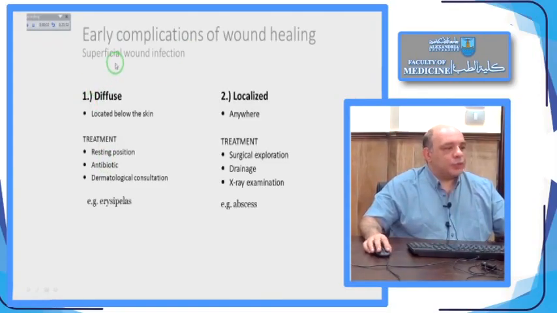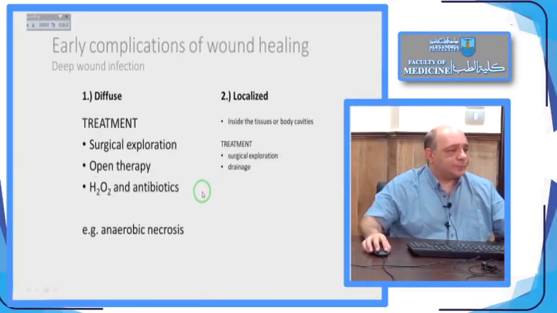Superficial wound infection may be diffused or localized. Treatment is resting position, antibiotics, dermatological consultation. For localized, surgical exploration; here we are talking about a sort of abscess formation, so you have to explore, drain, and put a drain for a while if you need it.